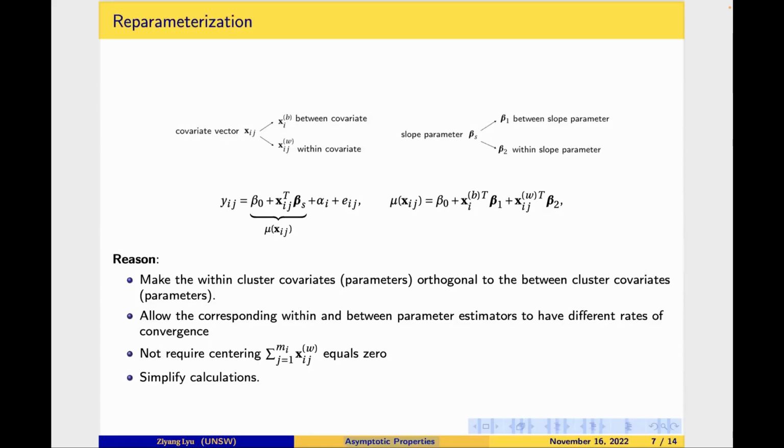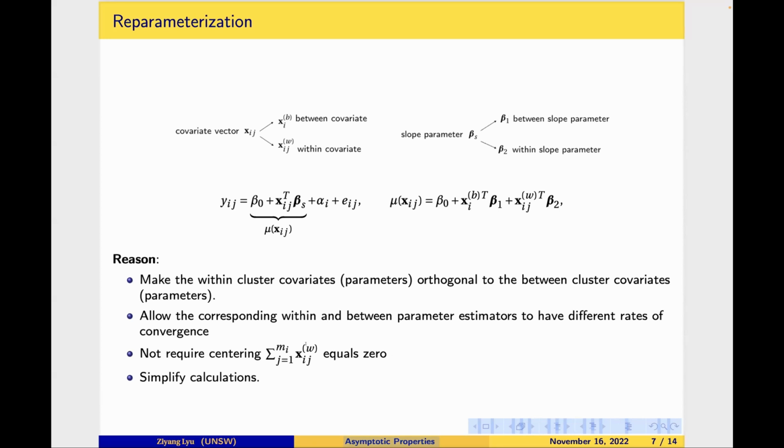So why do we want to split into this new structure? There are four reasons. First, we can make the within cluster covariates and parameters orthogonal to the between cluster covariates and parameters. Also, it allows the corresponding within and between parameter estimators to have different rates of convergence. Third, we do not require the centering condition, summation i equals 1 to Mi of Xij omega W equals 0.